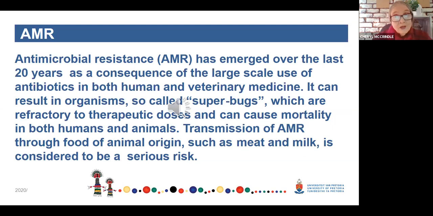Unfortunately, antimicrobial resistance influences those bacteria which remain in food of animal origin. So if you have meat or milk which is contaminated with organisms that have antimicrobial resistance, this also can be passed on to people who are consuming those products.